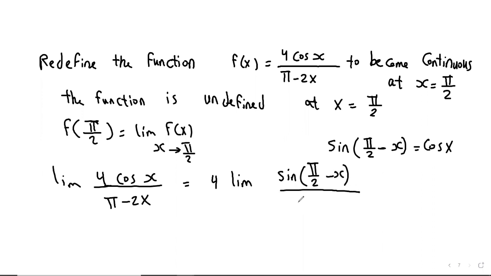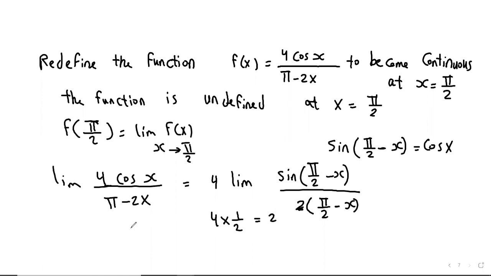Then you are going to take 2 as a factor, so that is going to be pi over 2 minus x at the bottom here. Now we can apply the law we have learned. It's 4 multiplied by this limit when x tends to pi over 2, so it will be 1 over 2. So 4 times 1 over 2 equals 2.